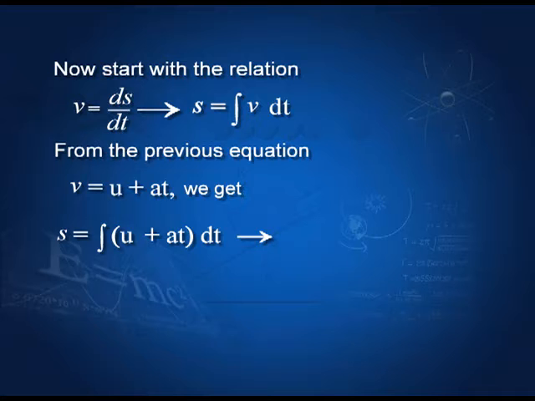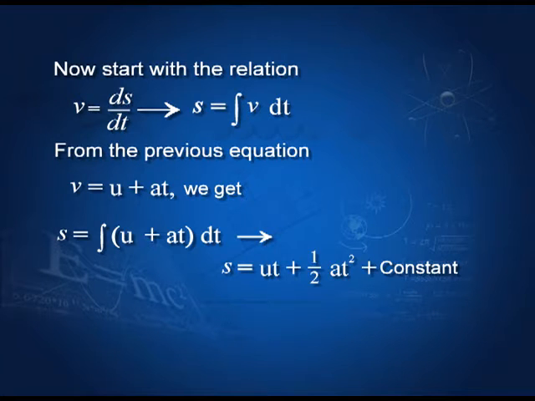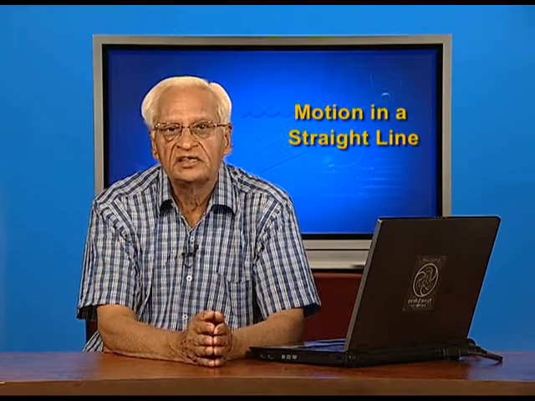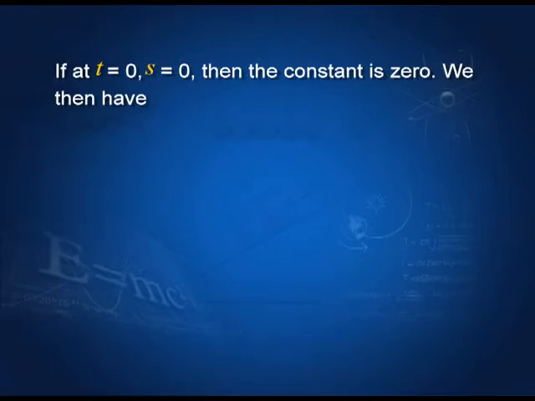What we get is s is equal to u t plus half a t square plus a constant. This constant is again determined by the initial condition. If initially s is equal to 0, then the constant is 0 and we get the equation s is equal to u t plus half a t square.